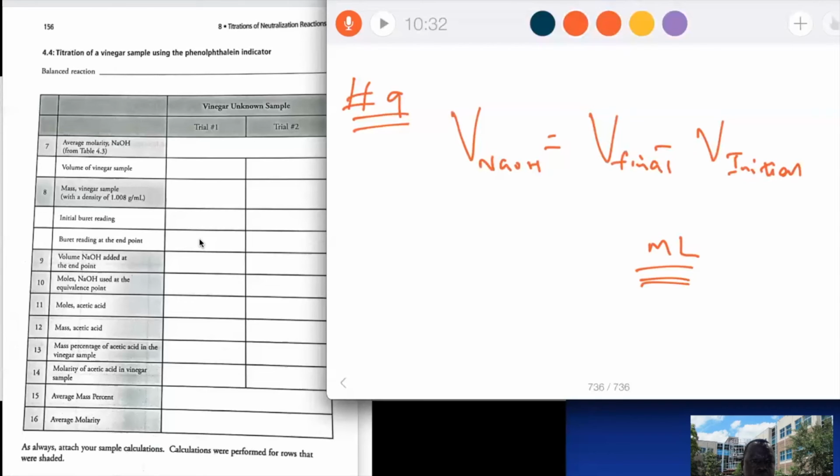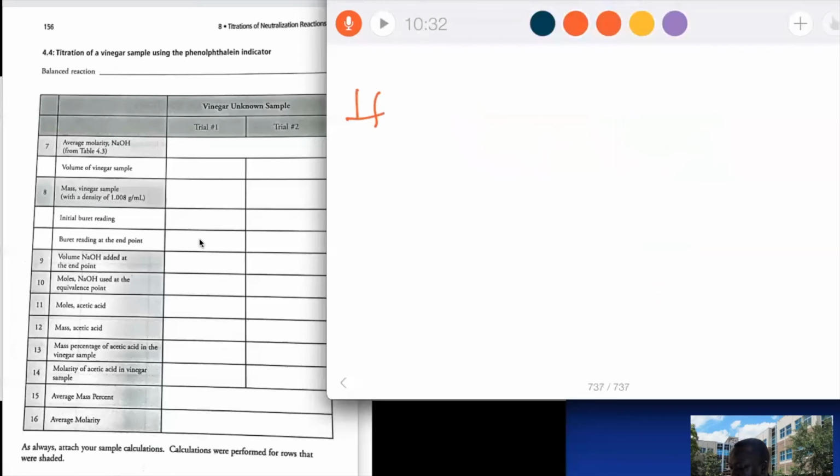Now, NaOH is used at the equivalence point. So if you know the volume for number 10 here, molarity equals number of moles over volume in liters.